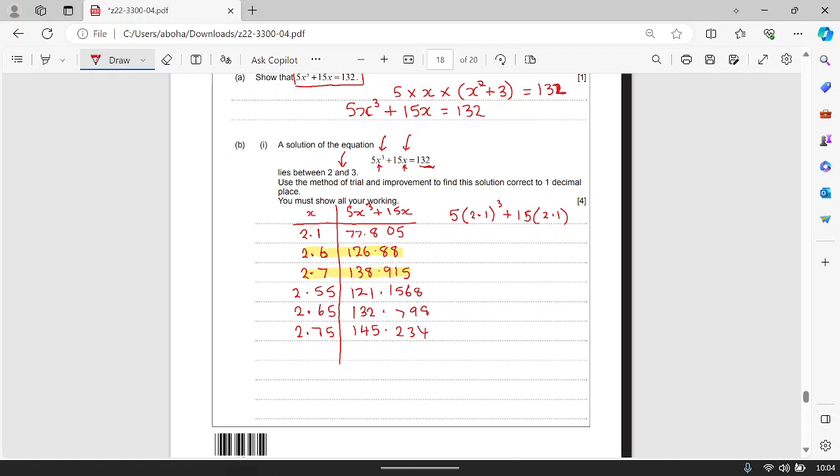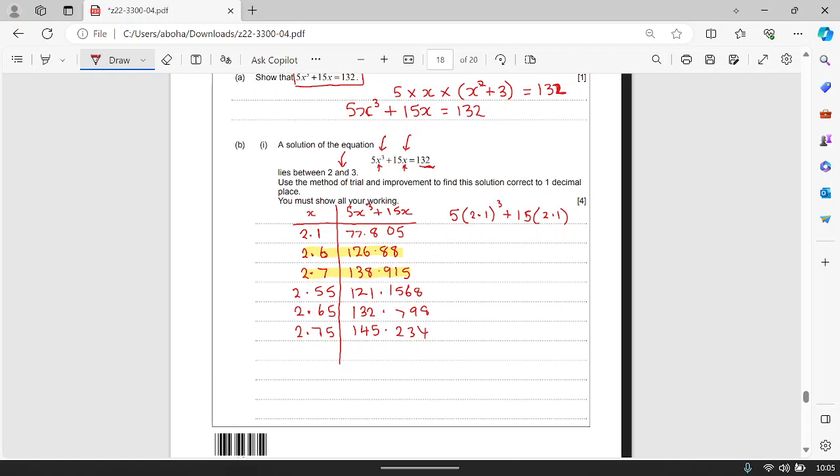But anyway, what I did was I did 2.65, which is 132.798. Then I did 2.75, which is 145.234. And what you will notice is that the answer has got to be between. Yeah, of course, I've just realized something. The reason I did 2.55 was because I knew that 2.55 rounded up would become 2.6, which we know is going to be too low.